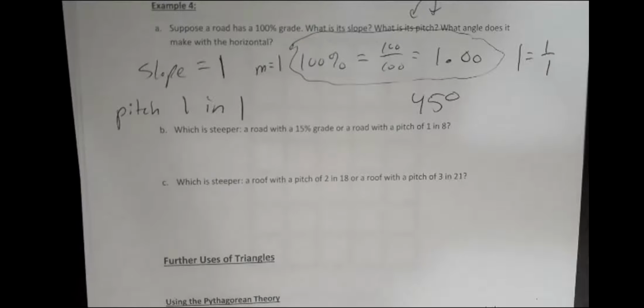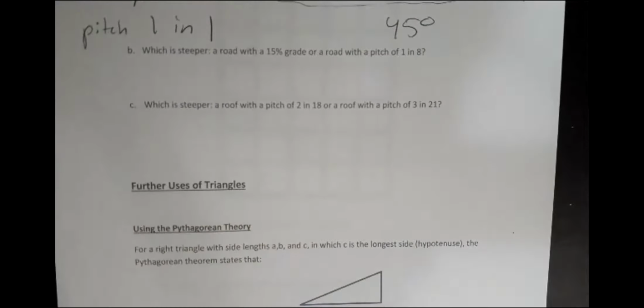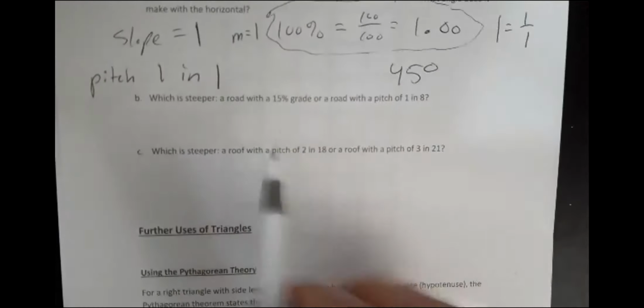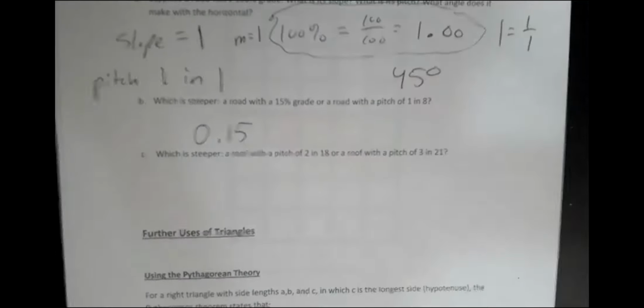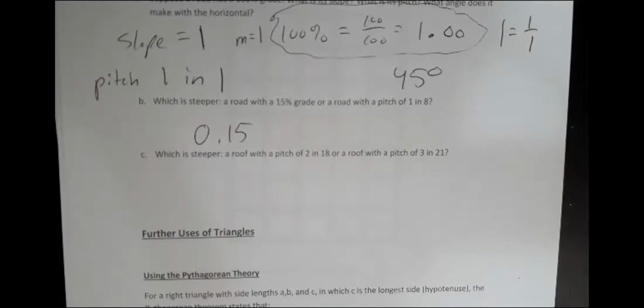Okay, so now I think this question is probably a little more interesting. Which is steeper, a road with 15% grade or a road with a pitch of 1 and 8? There are a few ways you can do this. If you have a 15% grade, we want to put this into decimal. So that would be 0.15.